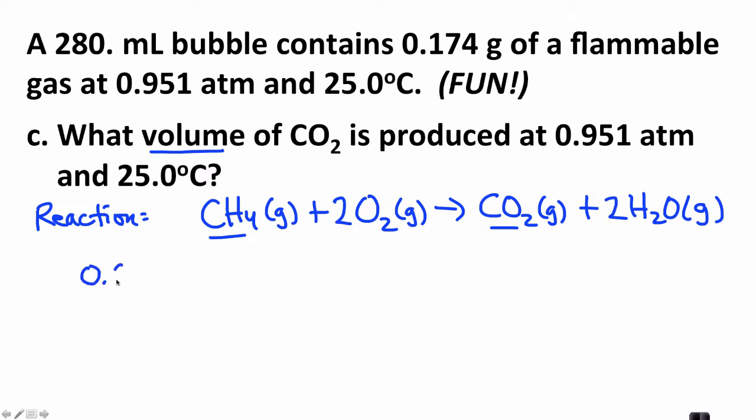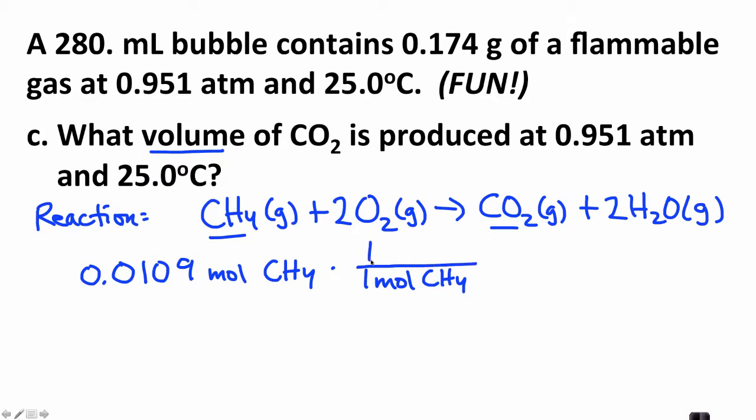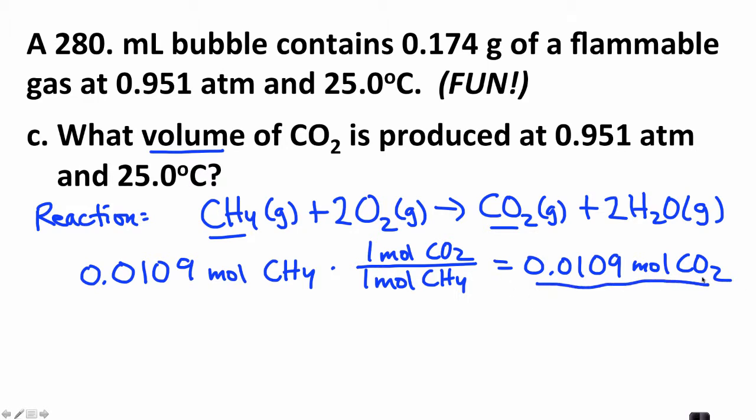So, since we determined in the previous problem that we had 0.0109 moles of CH4, then since 1 mole of CH4 produces 1 mole of CO2, 0.0109 moles of CO2 would be produced. And as usual, when we do stoichiometry of a reaction, we have to deal with moles. Now, this is particularly easy. Stoichiometry is 1-to-1.